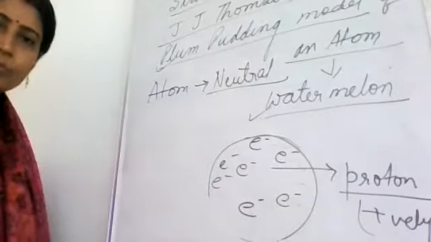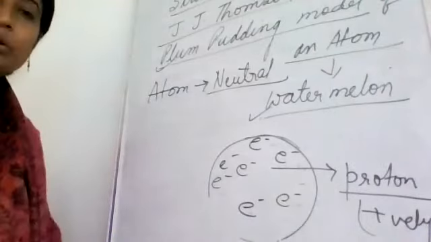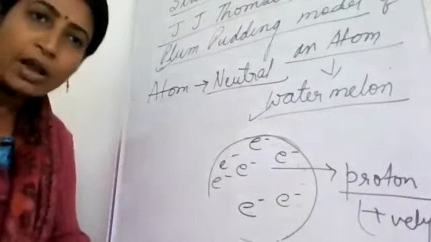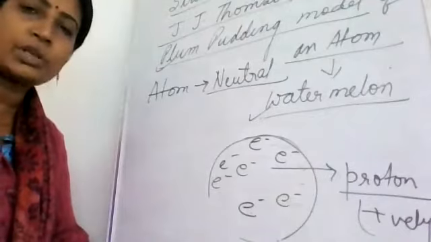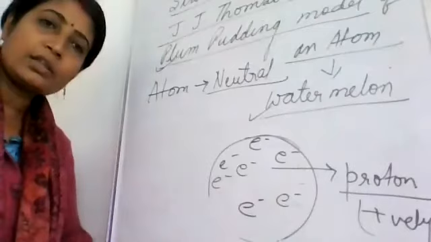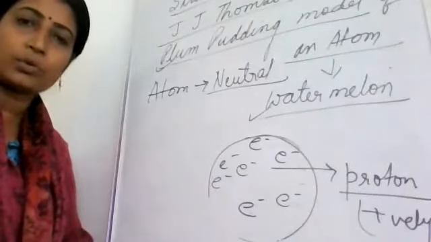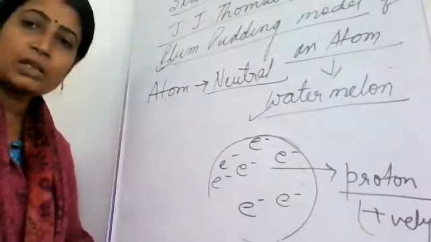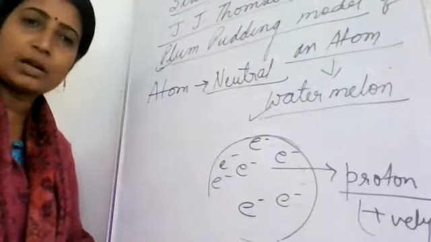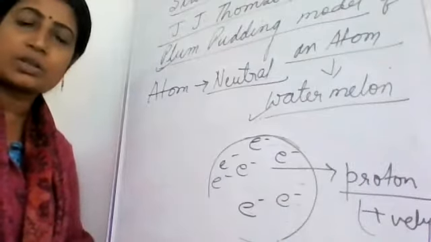Though he gave the model of an atom, he was not able to justify his model till the experiment of alpha particle was carried out by Rutherford. When Rutherford carried out the alpha particle scattering experiment, then his model was not justified.